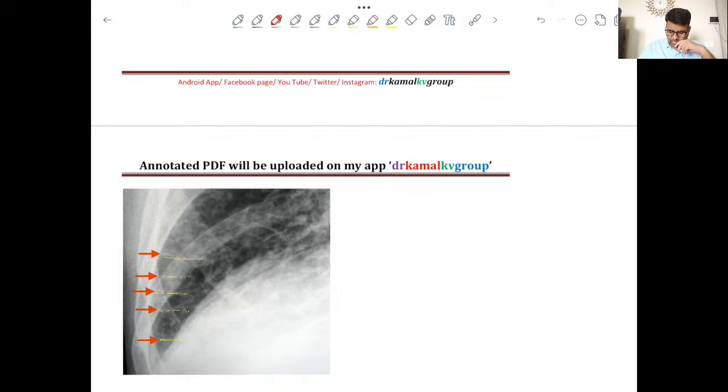Now, this is the base of lung actually. Okay, so this area is the base of lung.